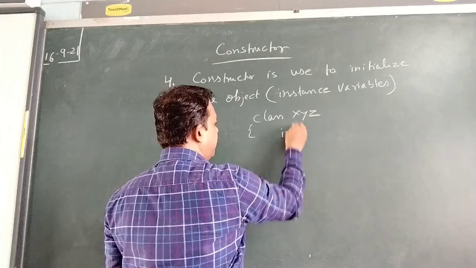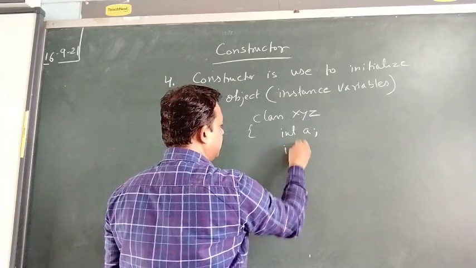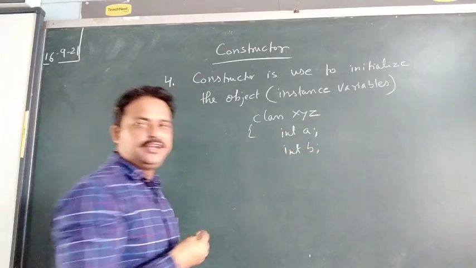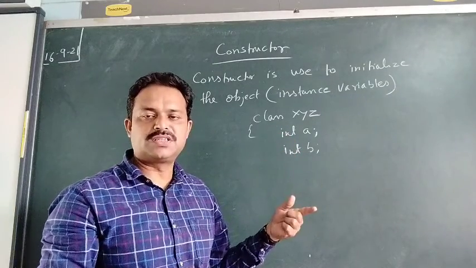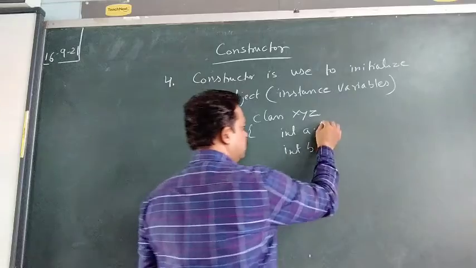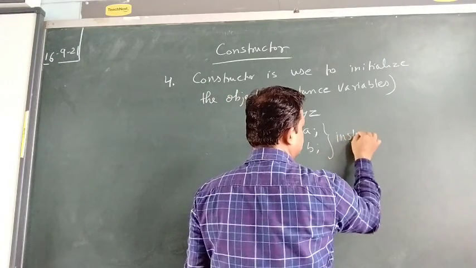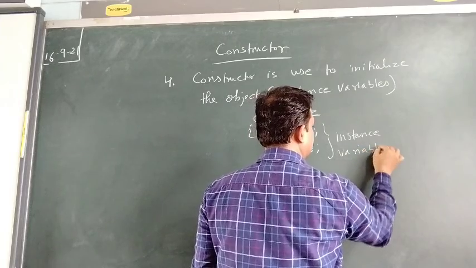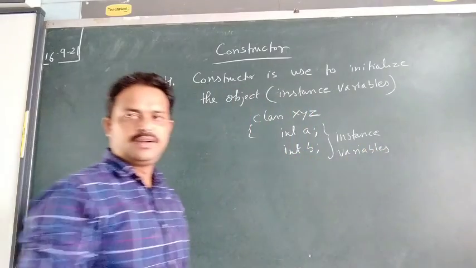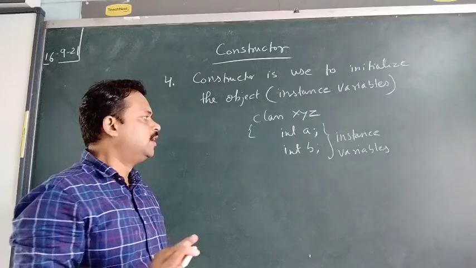In the class you have made two variables, int A and int B, and we know that the variables which we define inside the class and outside the function are called instance variables. Any confusion? Very clear it is.